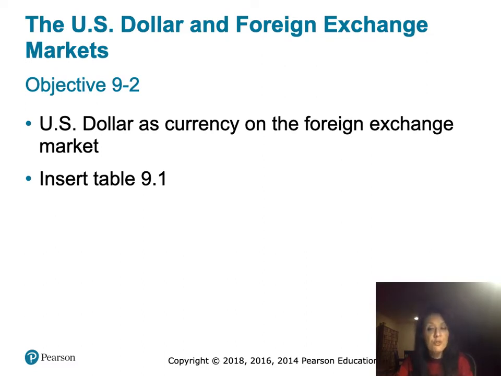It's a transaction currency in many international commodity markets; commodities such as oil or agricultural goods are traded in dollars. It is also an invoice currency in many contracts, meaning that many contractual agreements are entered into using the dollar as the currency.